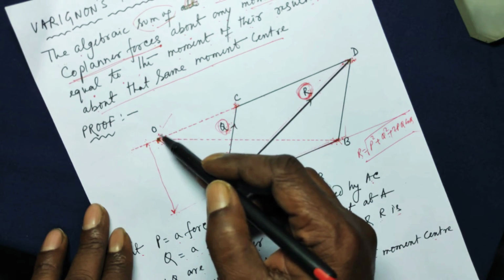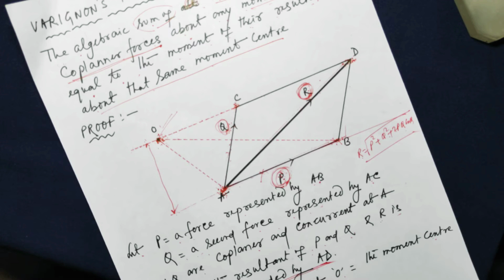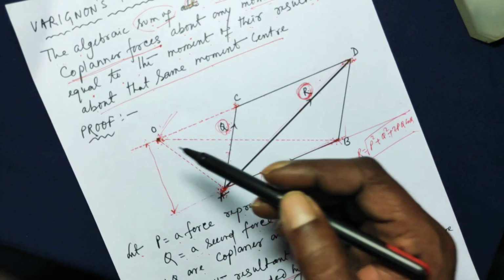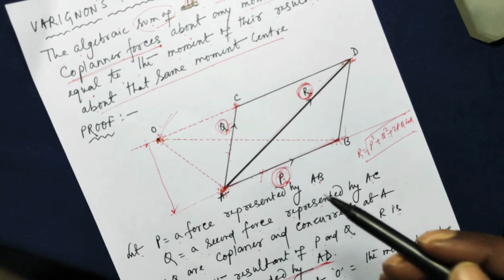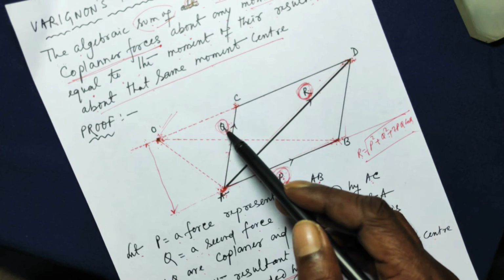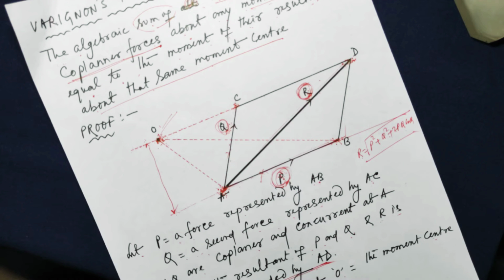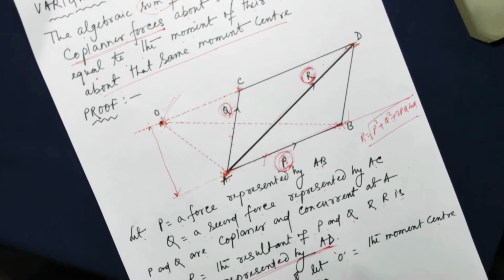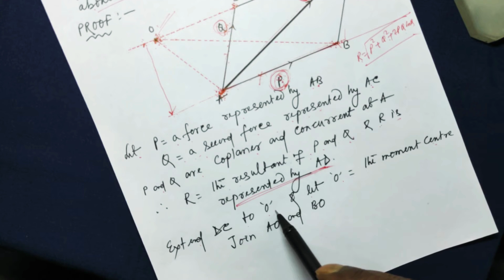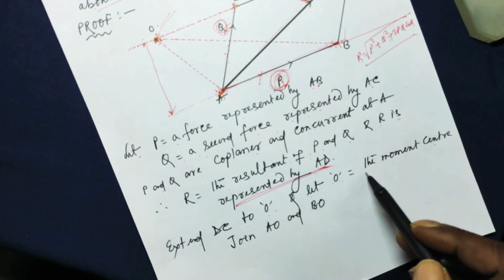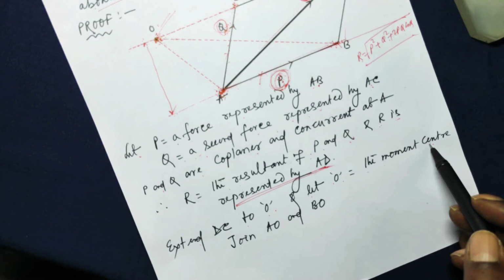I have just taken this point, the point where I'm interested to find the moment of the force P, the moment of the force Q and the moment of the force R, and then establish a relationship, how they're related to each other. So extend DC to O and let O be the moment center.